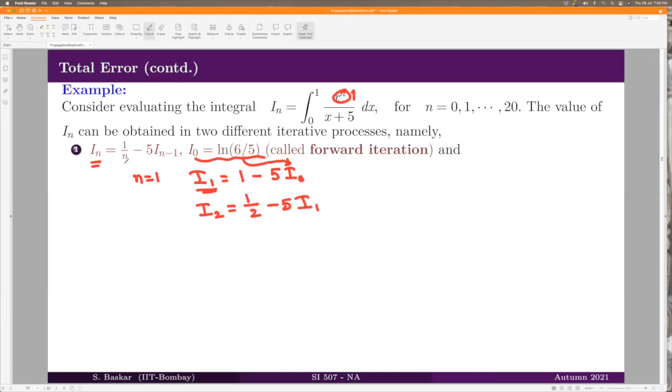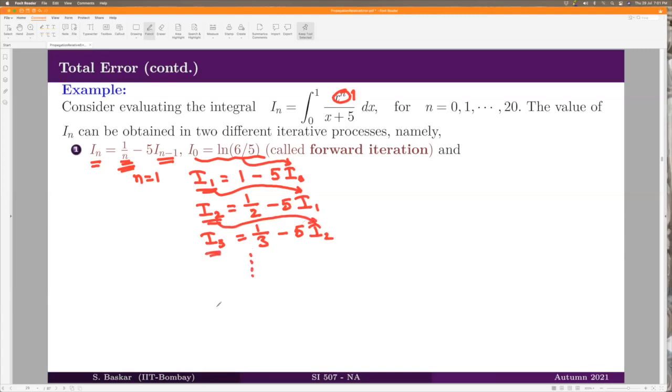I'm just putting n equal to 2 here. And again, this value can be plugged in here to get I_2, and I_3 can be similarly written by taking n equal to 3 in this formula: 1 by 3 minus 5 I_2. Again, you plug in this value here to get I_3.